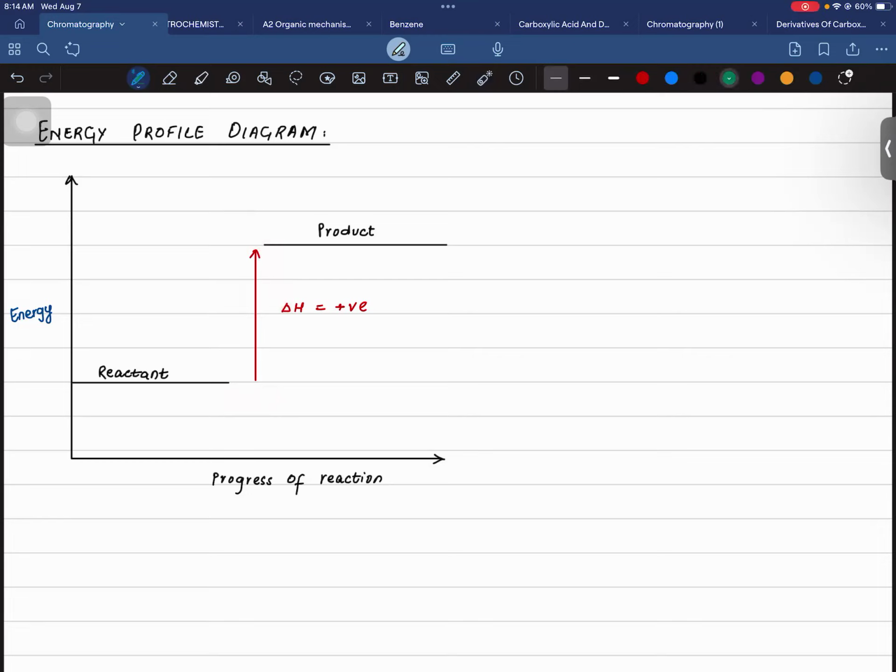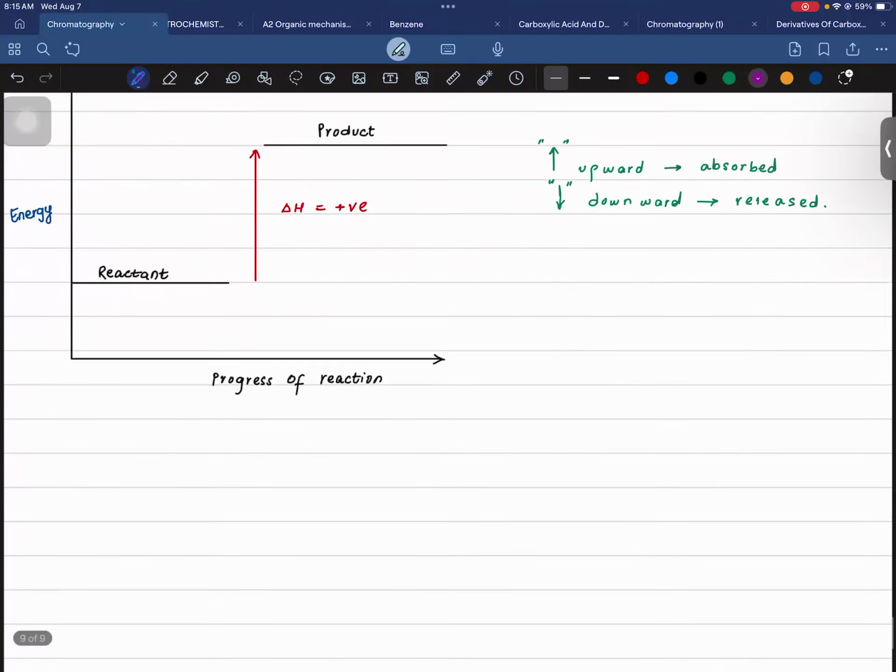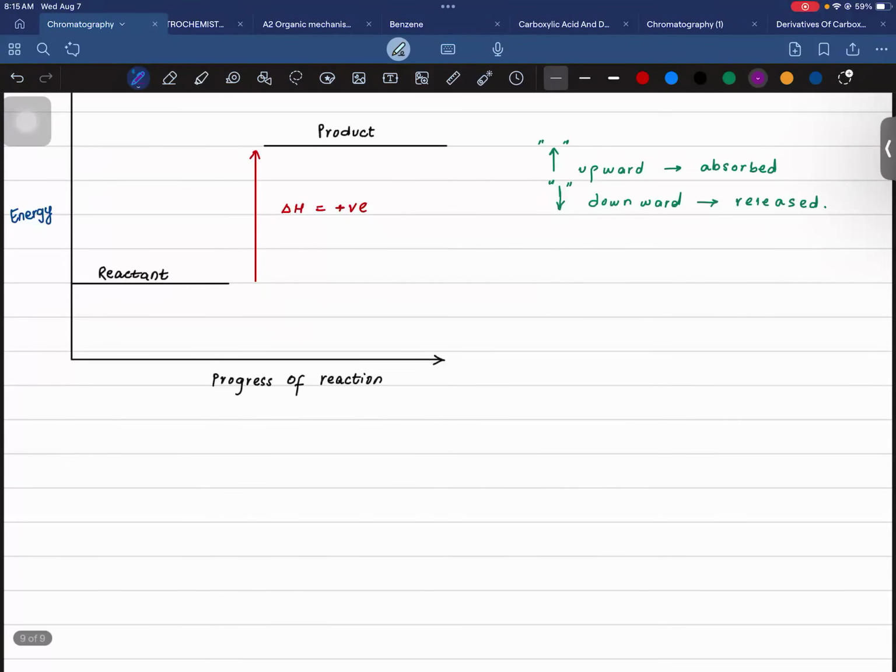So remember, upward arrow means absorbed, and downward arrow, released. Okay, so this is the energy profile diagram without activation energy.